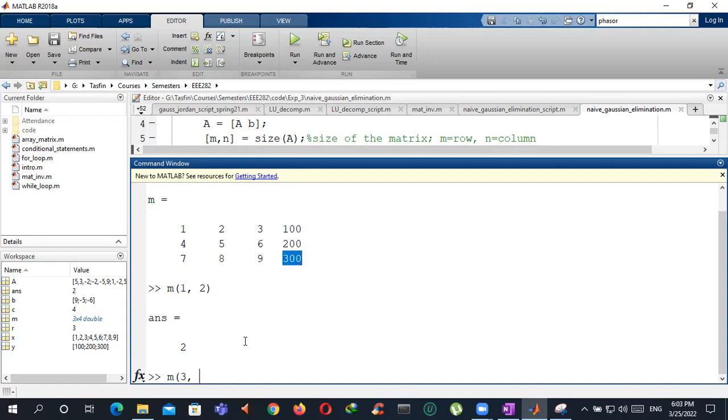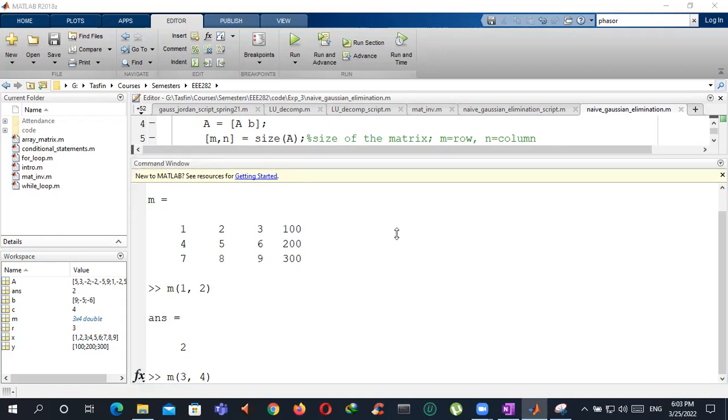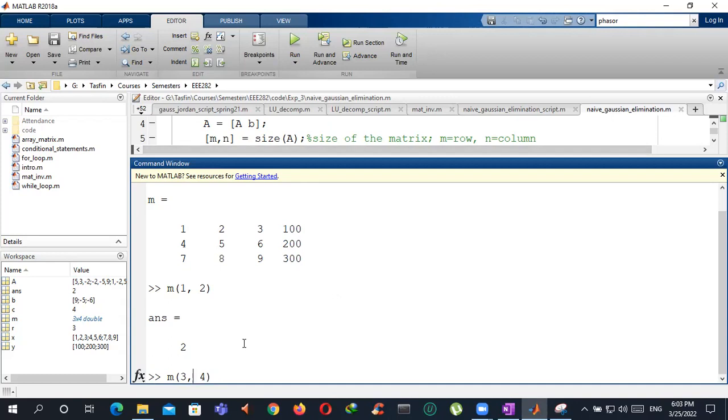So 3 comma 4. We have to write 3 comma 4 because we want to access this 300 value, which is in the fourth column. If I hit enter, we get 300. So this is the way we can access one single element.